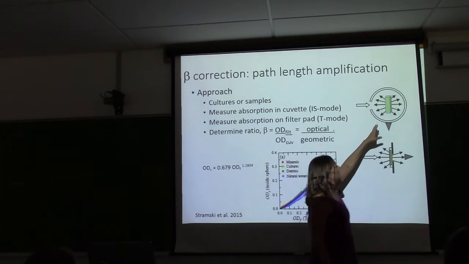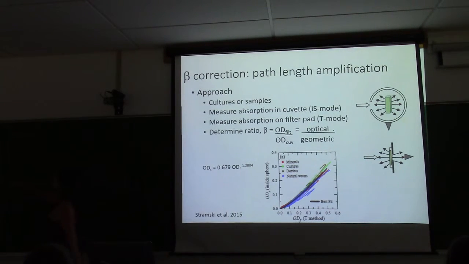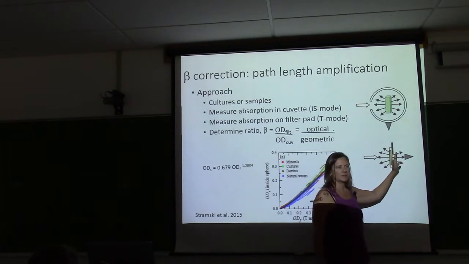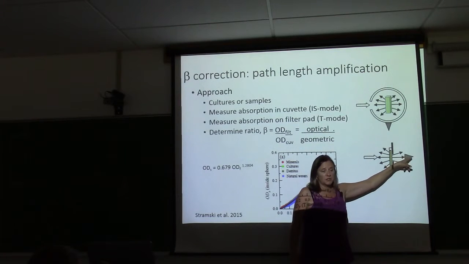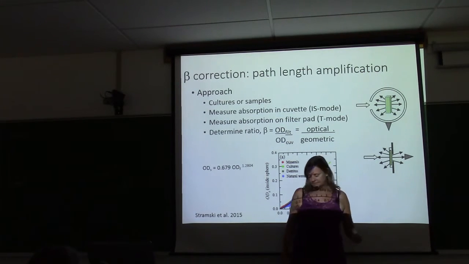But let's say that you could measure the absorption of your suspension in the absence of scattering. That would be truth, close to truth. Then you could take your sample and filter it onto a filter and measure it in your spectrophotometer, and it's going to be different. The absorption that you determine is going to be higher because you have all this multiple scattering by the filter.